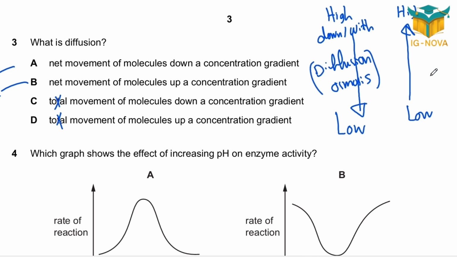What about from low to high? This one is active transport. So net movement of molecules down the concentration gradient is accepted, up the gradient is rejected. So option E.